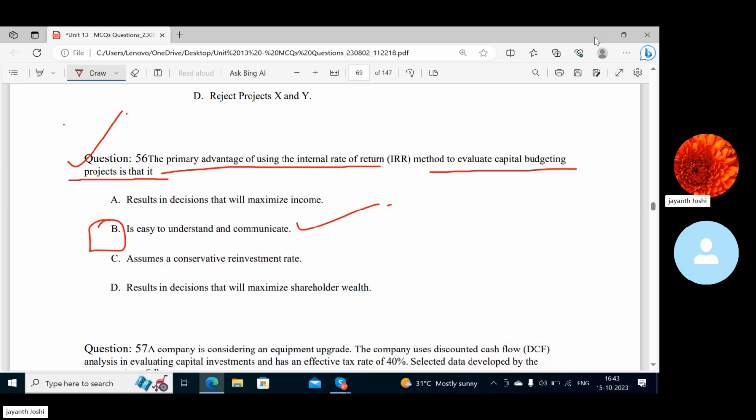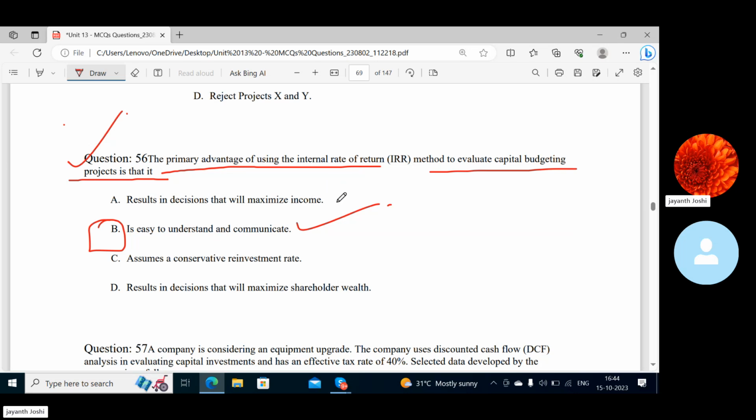So the question is in front of you. Can you try to answer? C assumes a conservative reinvestment rate. See, the primary advantage of using IRR method to evaluate capital budgeting projects is that it results in decisions that will maximize income.